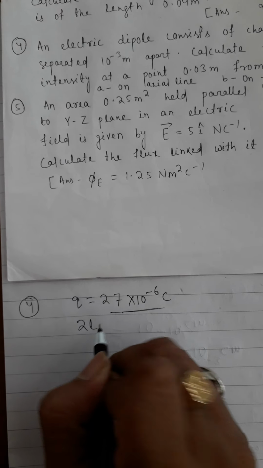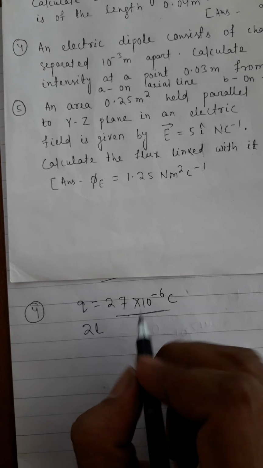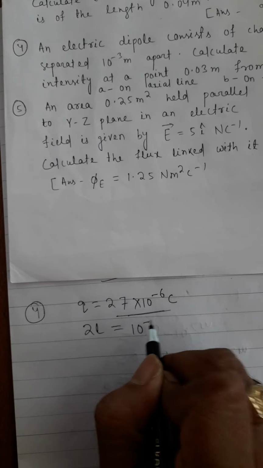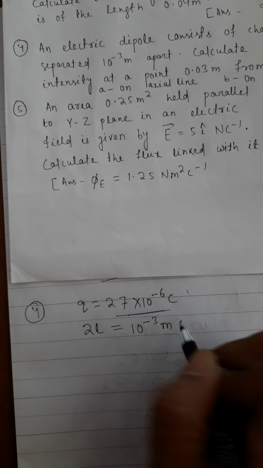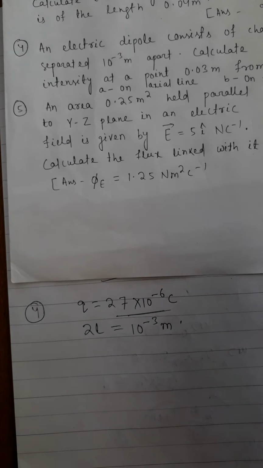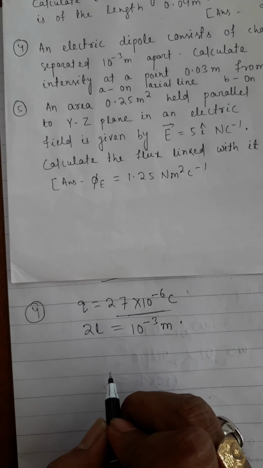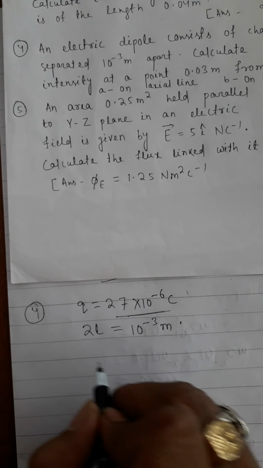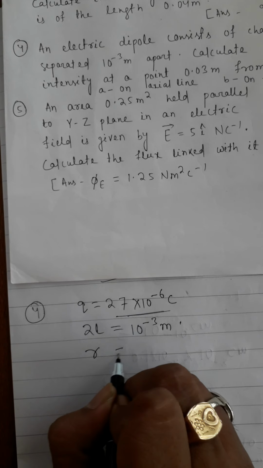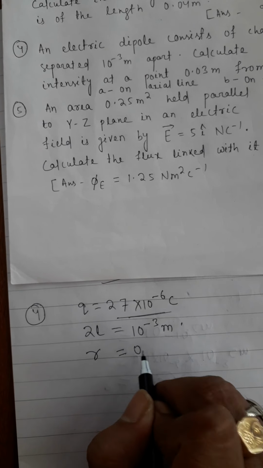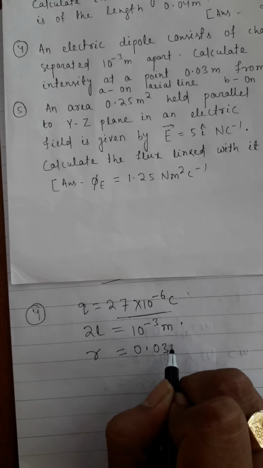That means the distance between the dipole, that is 2L, is given, that is 10 to the power minus 3 meter. And we have to calculate the electric intensity at a point 0.03 meter from the dipole. So R is also given, that is 0.03 meter.